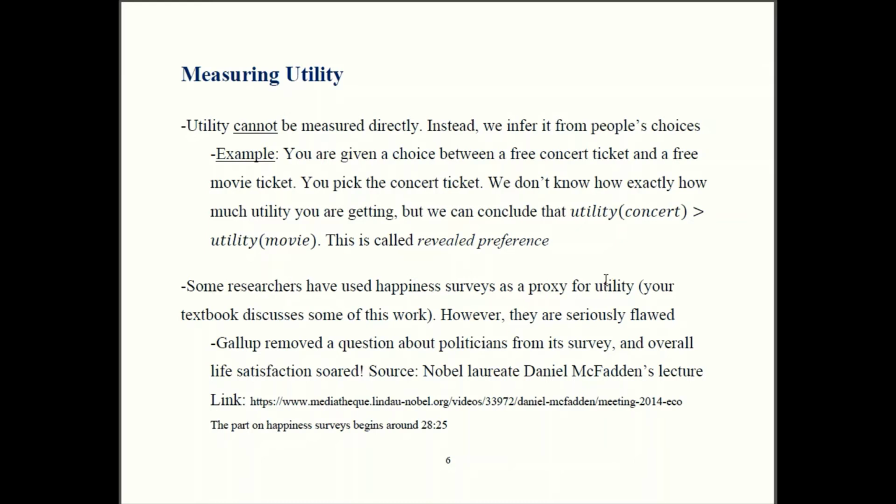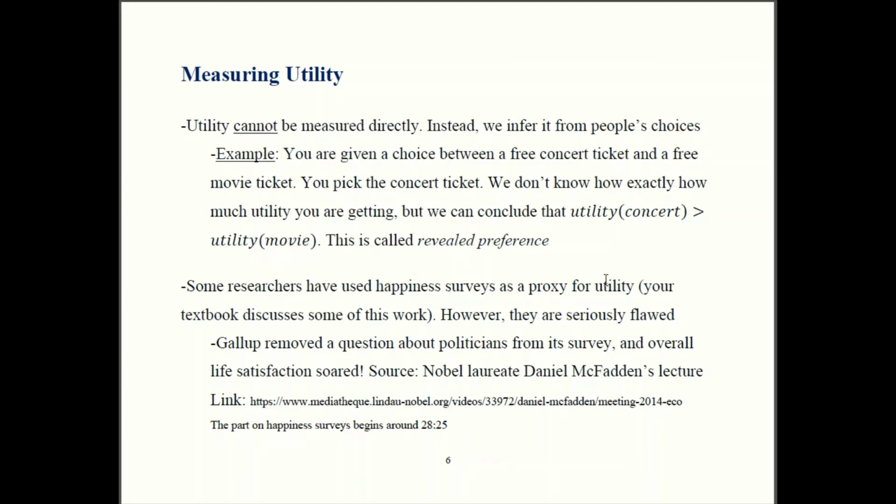Here's why. Gallup is a well-known polling organization, and they have, I think, a daily tracking poll. They ask people a number of questions, one of which is, how happy are you about your life overall? One day they decided to change the order of questions on the survey. In particular, they took out a question about how satisfied you are with today's politicians.